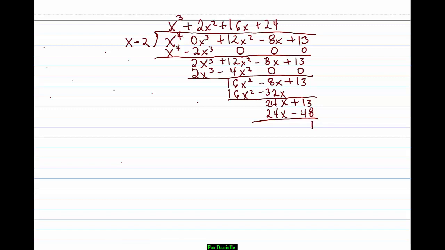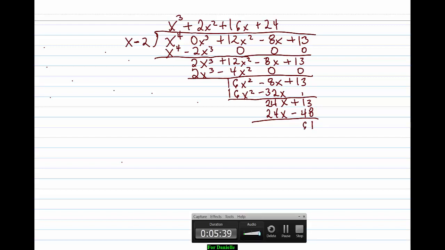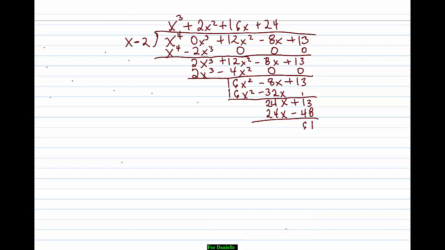So that gives us 61. Okay, and then what you do with the 61 is it's a remainder. So you can add it up here as 61 divided by x minus 2.